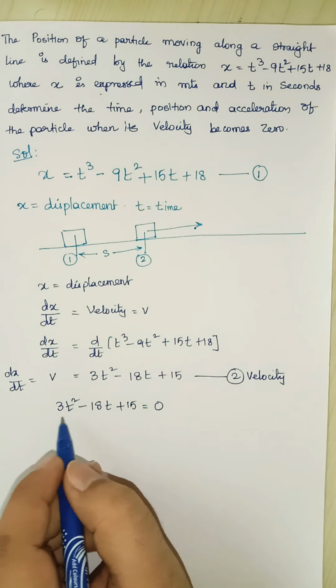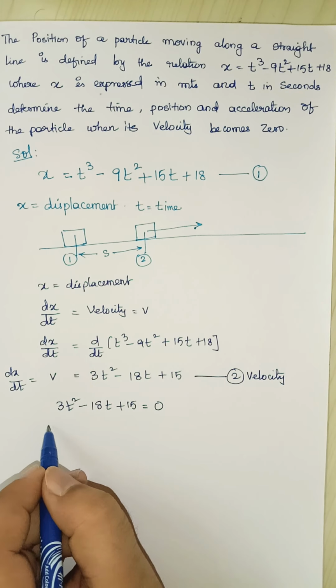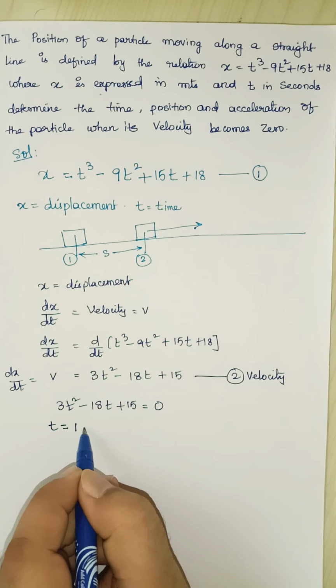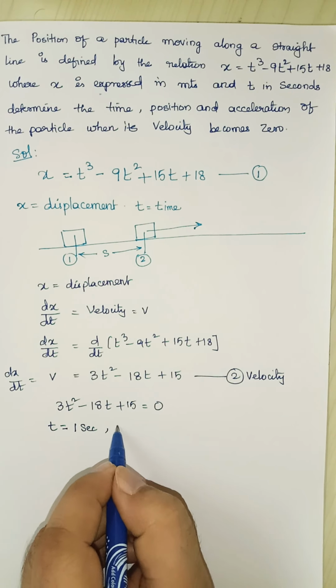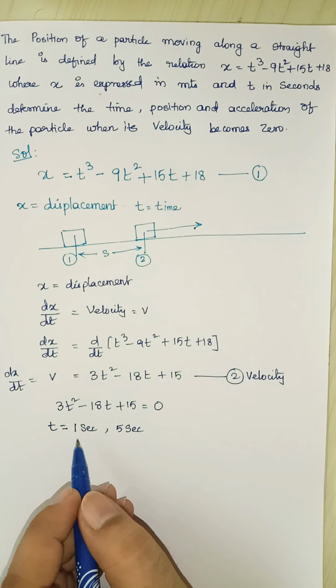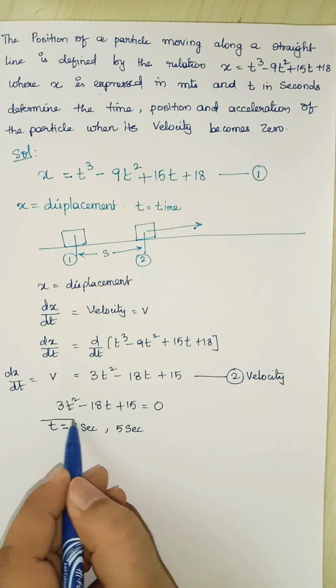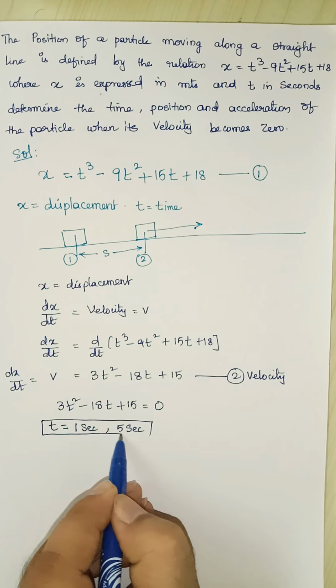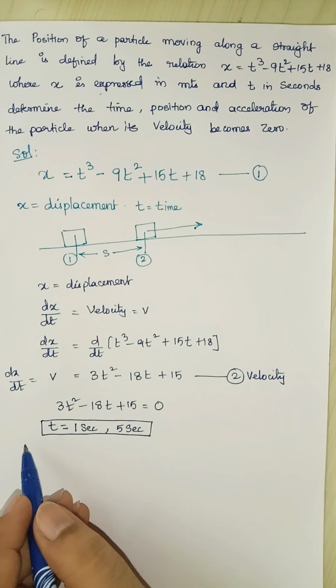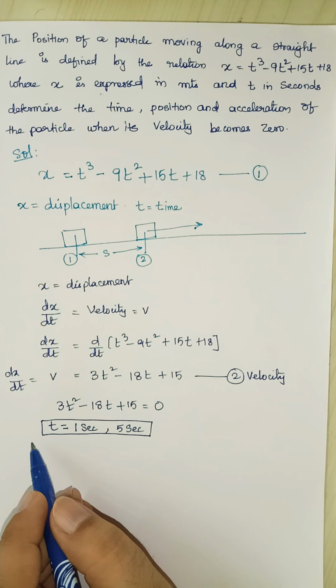Now when I find the roots of this equation, I get the time t is equal to 1 second as well as t is equal to 5 seconds. These are the roots of this equation.